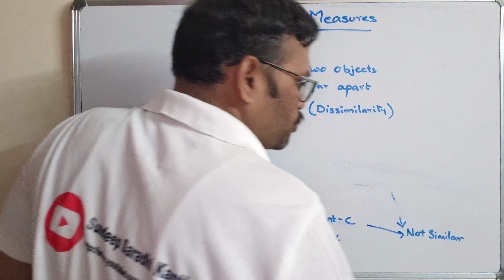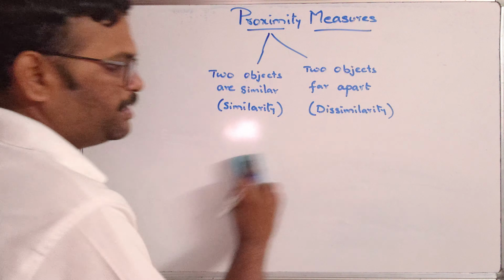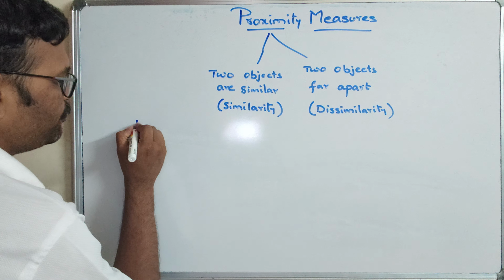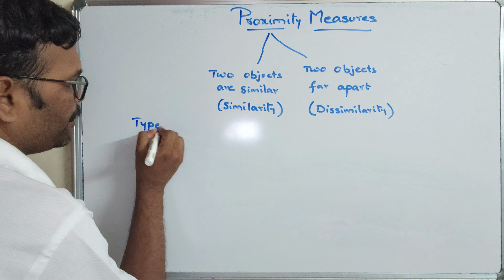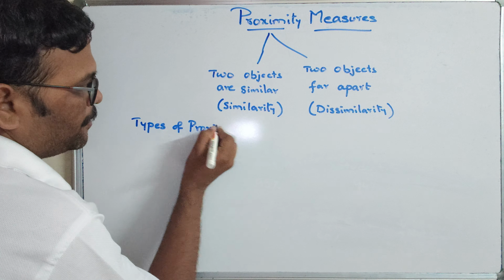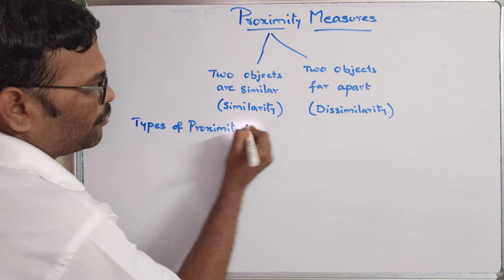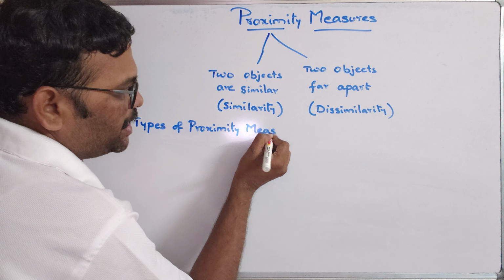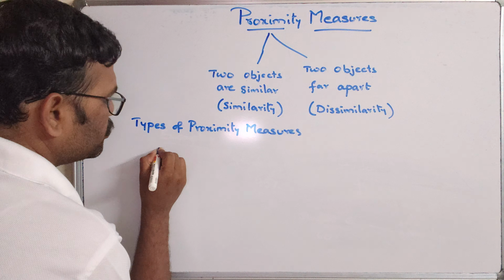Now, hope you understood what exactly proximity measures mean. So now the types of proximities. Types of proximity measures. There are two types.